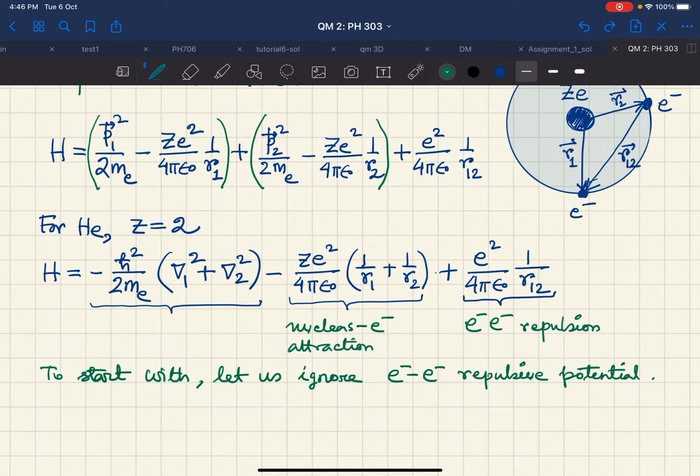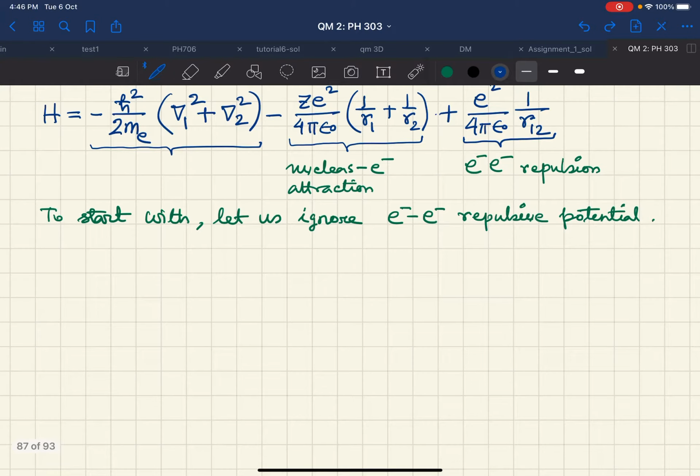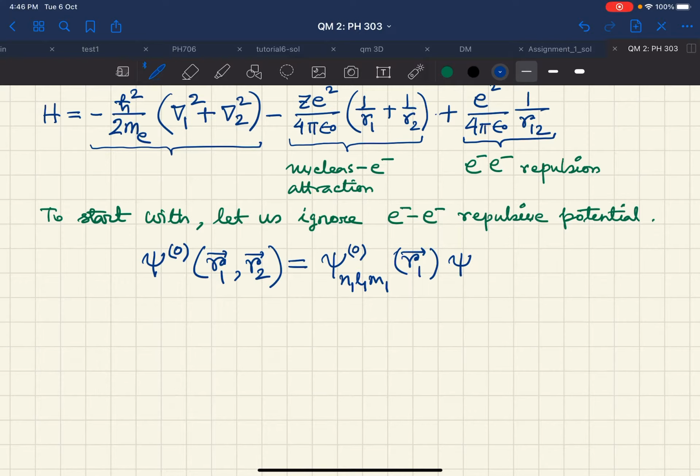So now let us write down the ground state wave function for this, and the notation that we are going to use is psi, with a 0 to denote the ground state. We have psi_0(r1, r2) equal to a product, because they are separable, psi_0 n1 l1 m1 of r1, and then psi_0 n2 l2 m2 of r2.